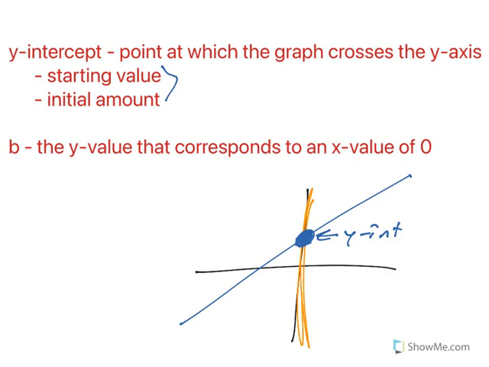Those are some key words that you might hear that reference the y-intercept. We often call the y-intercept b. I don't know why it's noted that, but it always occurs when x equals 0. When you think about your ordered pairs, an x value of 0 means I don't move left or right at all. So the y-intercept will have an ordered pair of (0, b), where b represents the y value of that intercept.